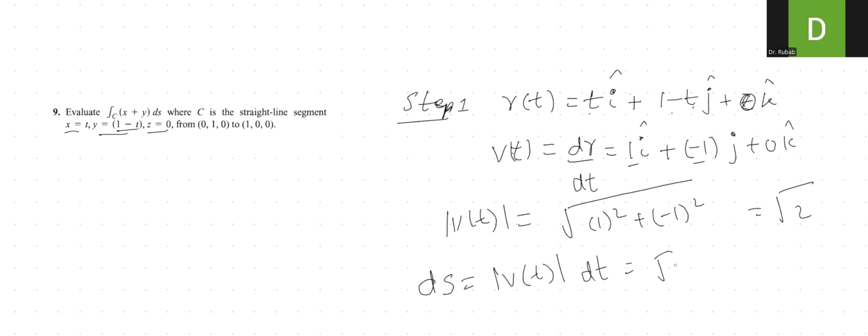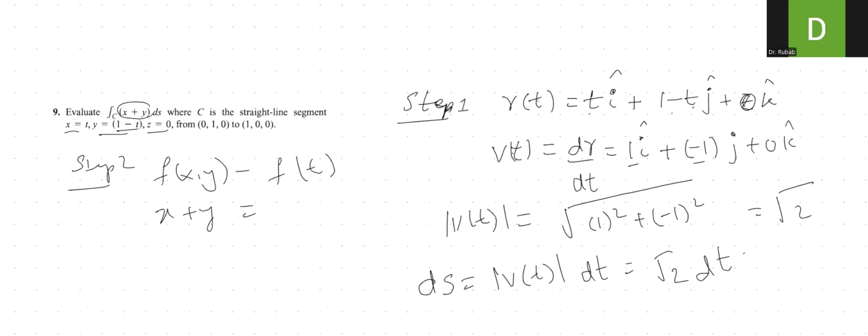In the second step, we have to convert the given function x plus y into a function of t. According to the position vector, the i component is t and the j component is 1 minus t. When we solve this, I get 1.